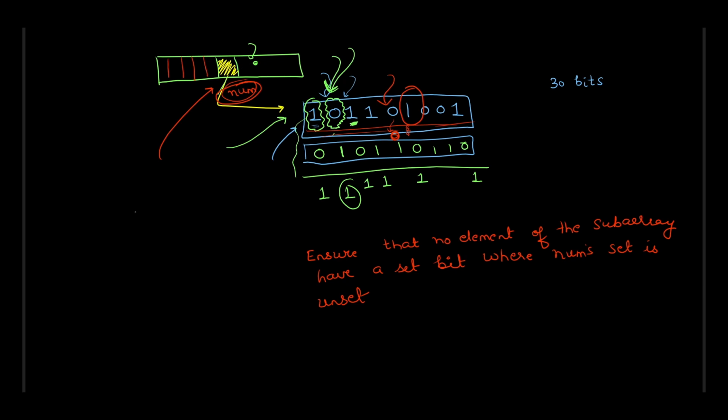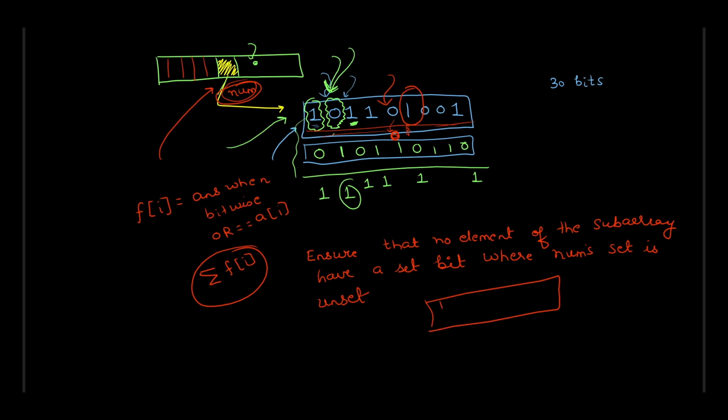Because if you define f of I as the answer when bitwise OR equals ai, then your answer should simply be summation of f of I, right? Because the bitwise OR of the subarray has to be one of these elements, and then we have counted all the possibilities.